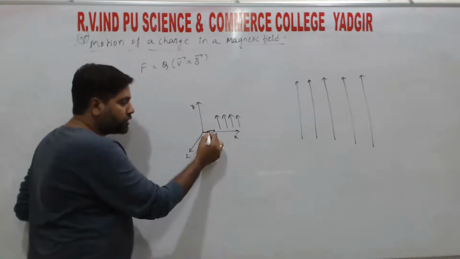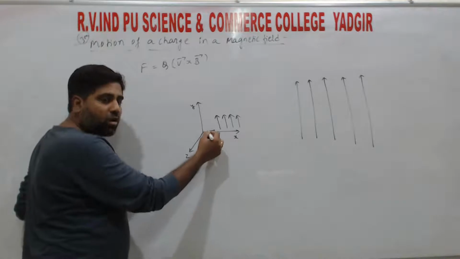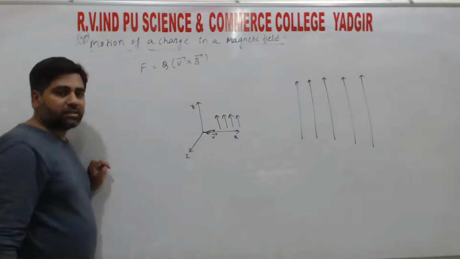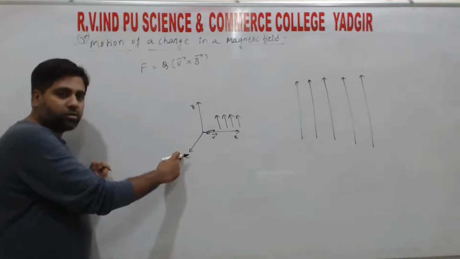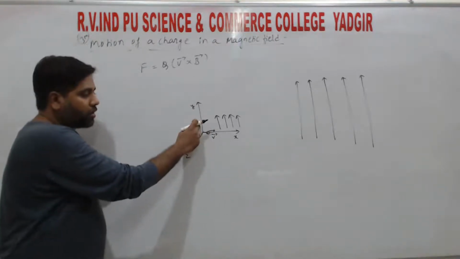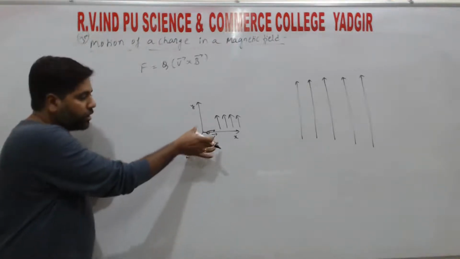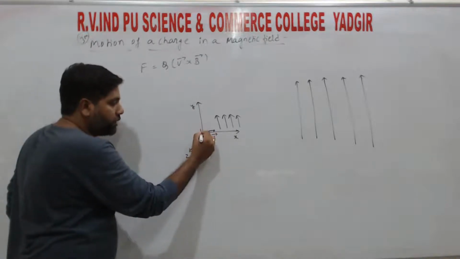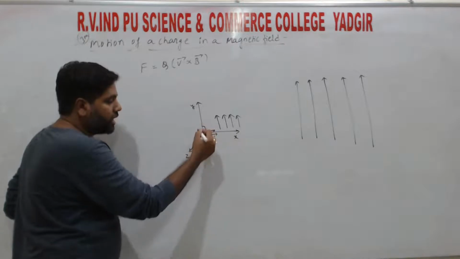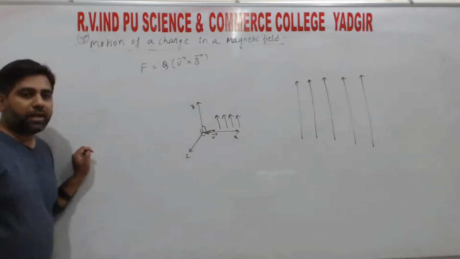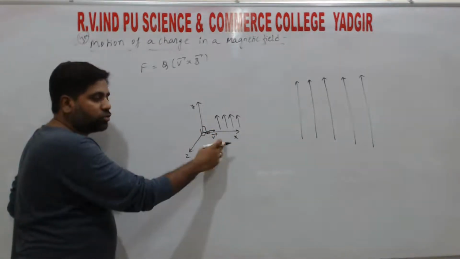Then the force experienced by this charge is always along the z axis, because V cross B is the force. Since the two are perpendicular, the force is also perpendicular to these two, right? If y and z are at 90 degrees, x and z are at 90 degrees, and x and y are at 90 degrees, so these are three mutually perpendicular.